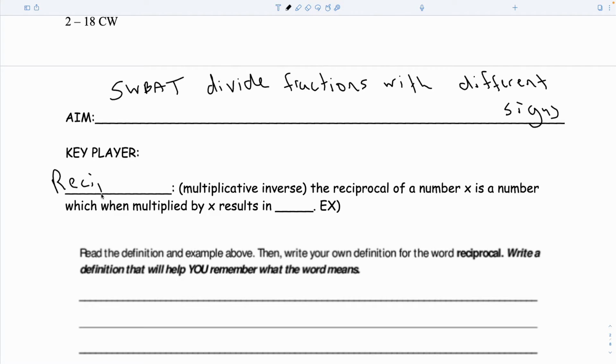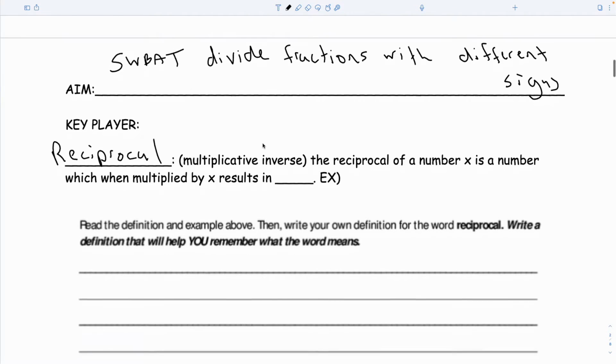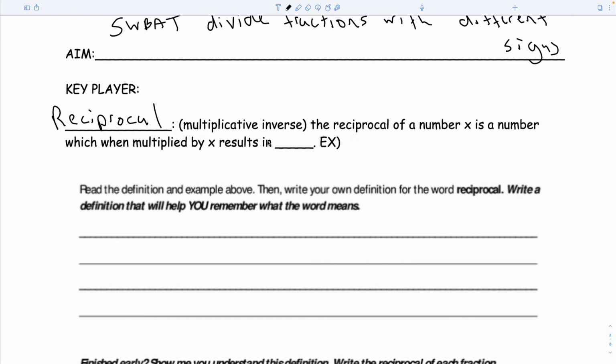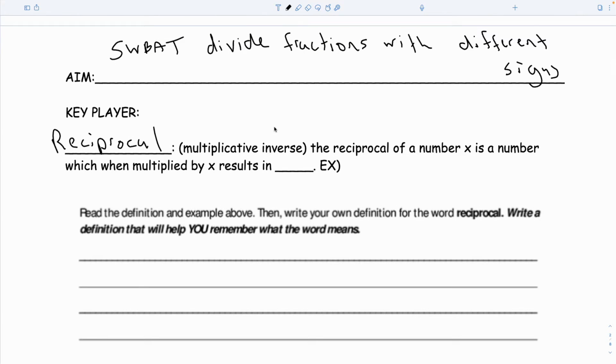Key player that we mentioned, but we're going to start using this vocab term more, is reciprocal. Say reciprocal on 2. 1, 2. The reciprocal is also, as I call it, the refliprical, but when you go to Stanford and get into an Ivy League school or some prestigious university, and you go into your first math course, you're going to say, oh yeah, the refliprical of 2 over 3 is 3 over 2.